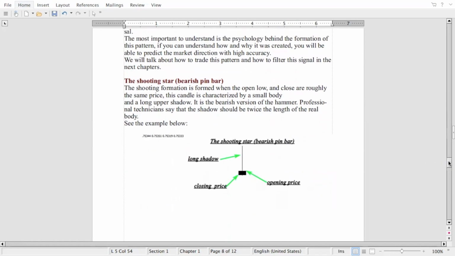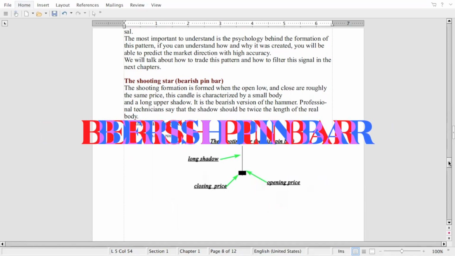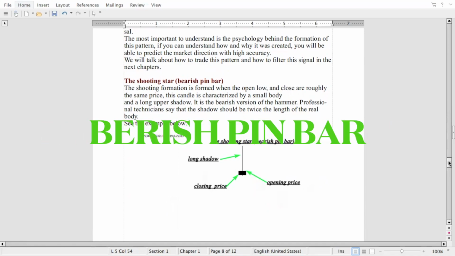Are we together, class? Next, we're going to move on. This one is a reversal of the pin bar candle, and this one is a shooting star, or a bearish pin bar. It's just the reverse of the pin bar. In that one the long shadow was down.